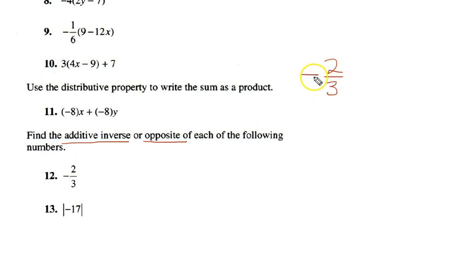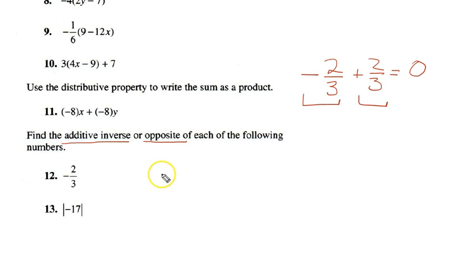And often, all we do is change the sign. The opposite of this would be a positive 2/3. So now we have this value and its additive inverse, or opposite. When we add them together, it gives us a 0.